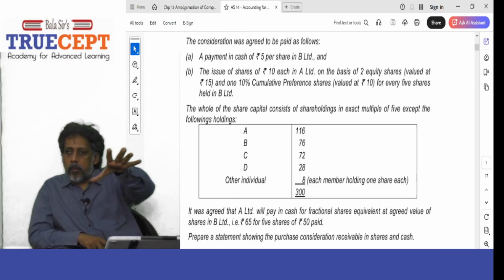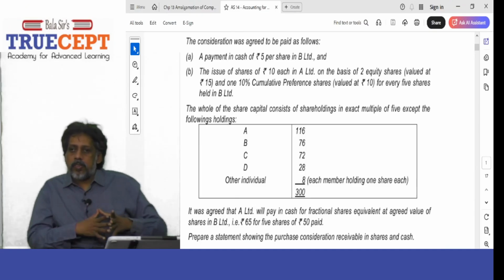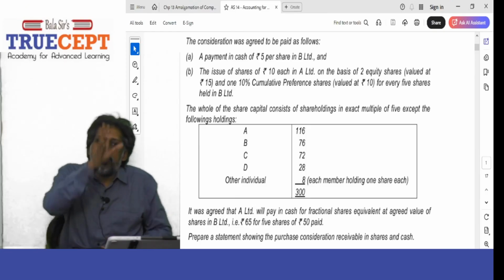And I remember I promised to pay 5 rupees in cash into 5 shares, how much? 25. So what is 40 rupees plus 25 rupees? In all, 65 rupees I'm going to pay to people having shares in multiples of 5. Yes or no? Therefore, I promise to pay the same 65 rupees even to whom? To the fraction, against the fractional shareholding.